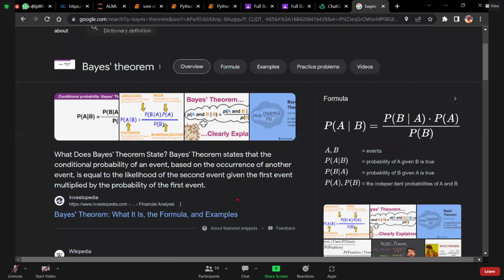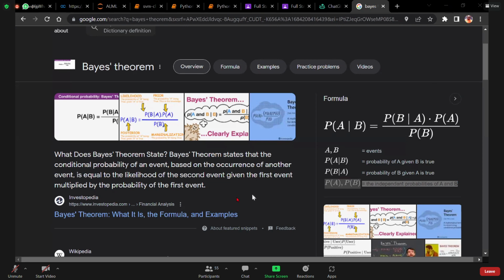This independent probability is what we call the naive part in naive Bayes. Did you understand, team? Clear? Now that we understand the math formula, can you explain where you implement it?